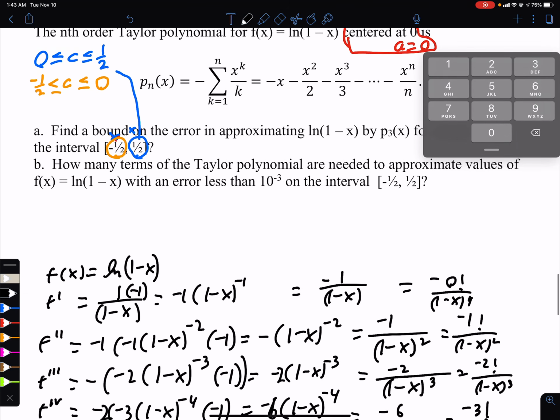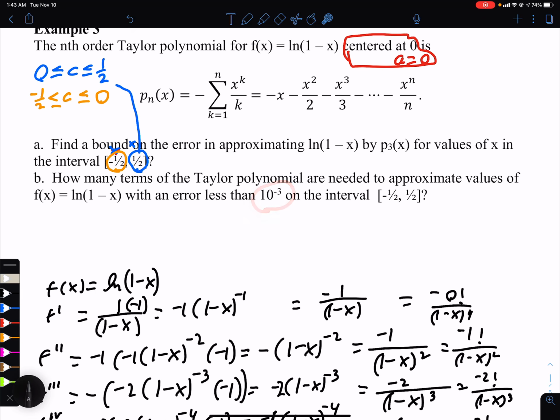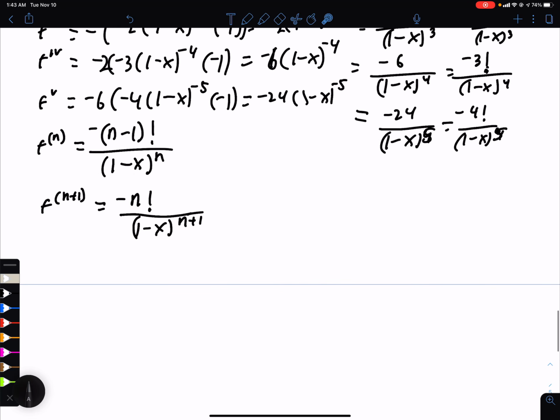Okay, so our error, we want it less than 10 to the negative 3. So what is the error?